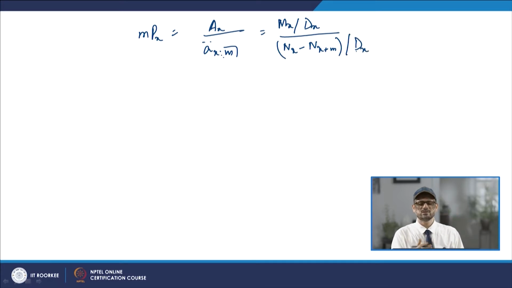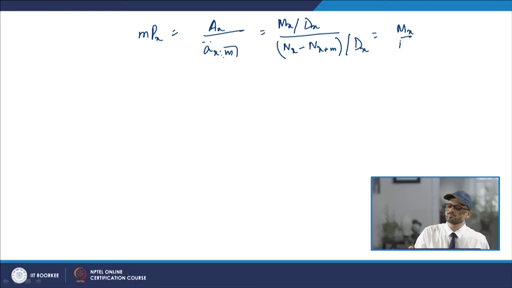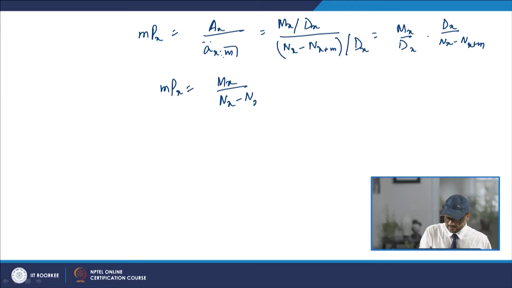You should refer to the earlier lectures, where we could not do that much derivation, but you can find it as Nx minus Nx plus M divided by Dx. So, you can further write it as Mx by Dx into Dx by Nx minus Nx plus M. If you cancel the Dx out, MPX will be Mx upon Nx minus Nx plus M.